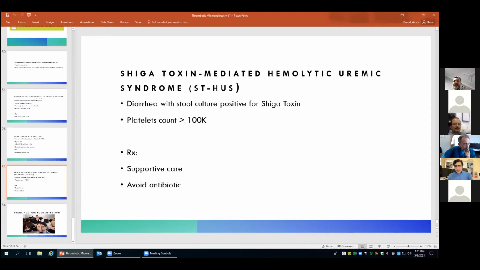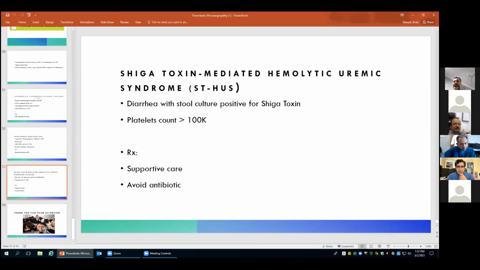Otherwise, you have to give plasma treatment. Now, the difference between plasmapheresis and plasma infusion mainly is the cost. One session of plasmapheresis in Pakistan may cost up to 75 to 80,000 rupees, and one plasma infusion would be only a few hundred rupees.